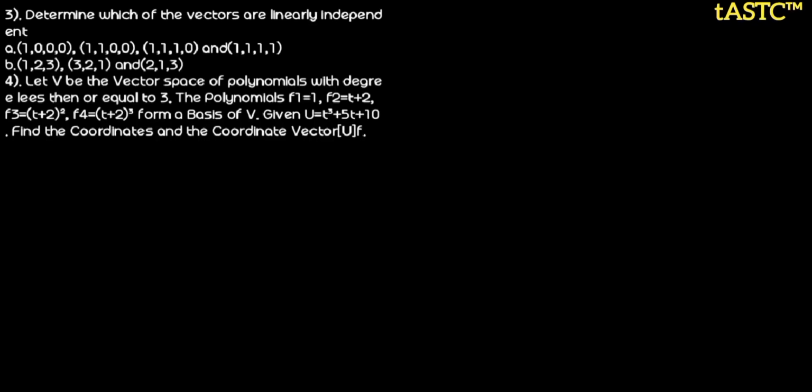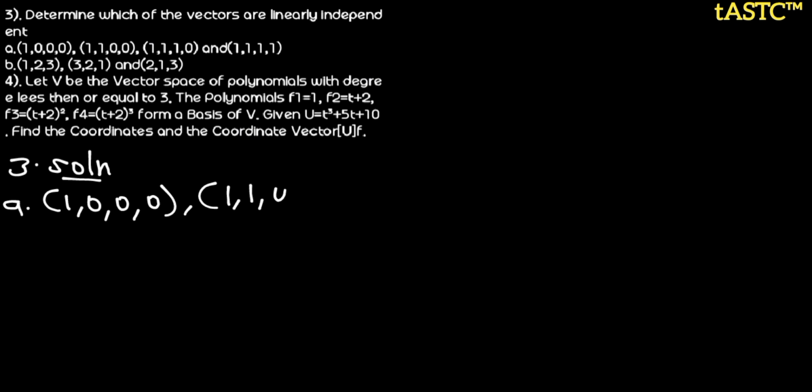Now here are some more questions. Number 3 says, determine which of the vectors are linearly independent. So we actually have two sets of them, the first and the second. For the first, you have the vectors 1, 0, 0, and then 1, 1, 0, 0.